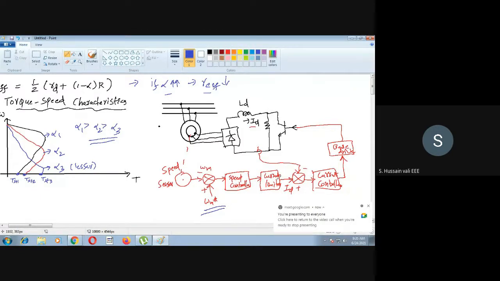The current limiter will decide based upon the error. You will have this Id reference. Then the actual Id you will compare with it. If there is an error, then based on the error it goes to the current controller, then it changes the base current. So how long you turn on the BJT will be decided by this current controller.